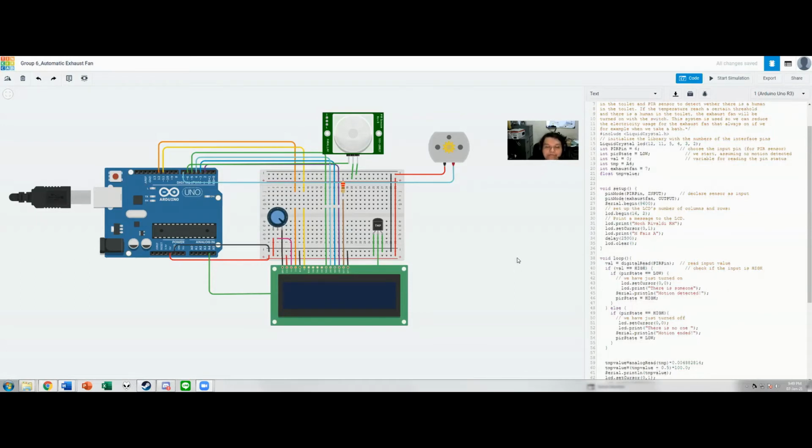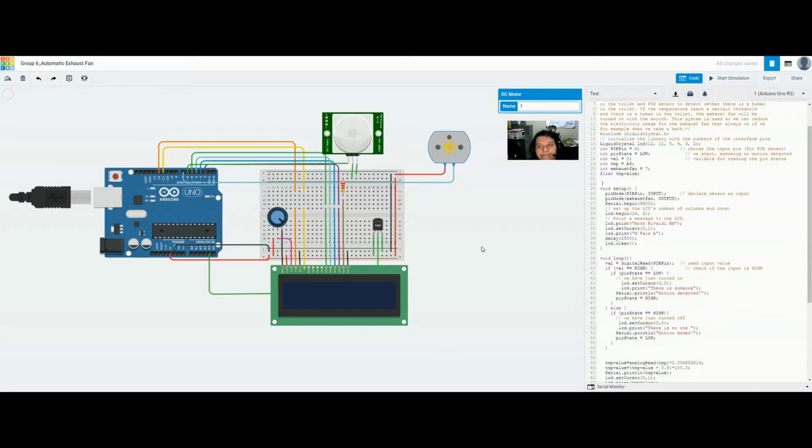We will explain how the program and the system work. As my friend already said, this project will have two sensors. The first one is the PIR sensor to detect a human, and the second one is the temperature sensor. As the exhaust fan, we will use a DC motor to simulate the condition of the fan.